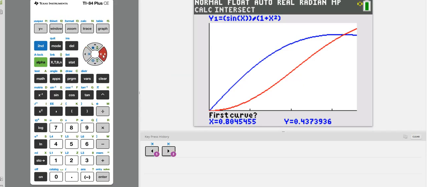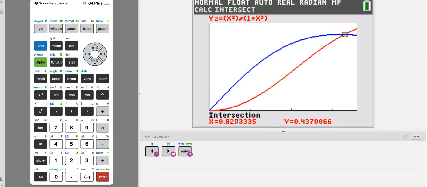Let me move to the right of the point of intersection, but reasonably close. Now it's going to ask you to press enter a total of 3 times. Once to give an estimate of that intersection on the first curve, once again for the second curve, once again for reasons that I can't really explain. But that gives you your number. So about 0.827 is what you want.